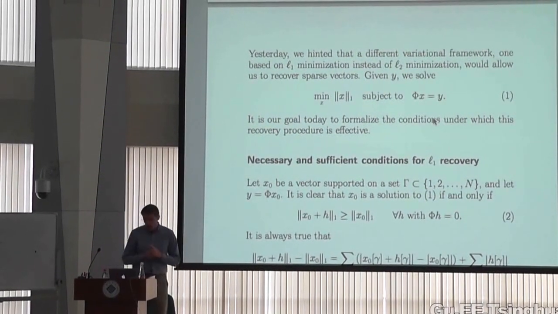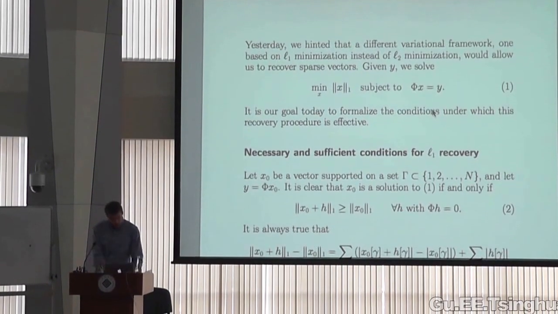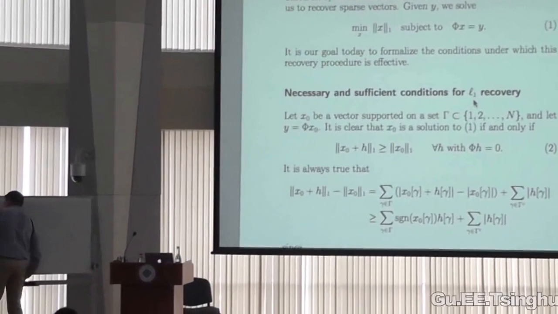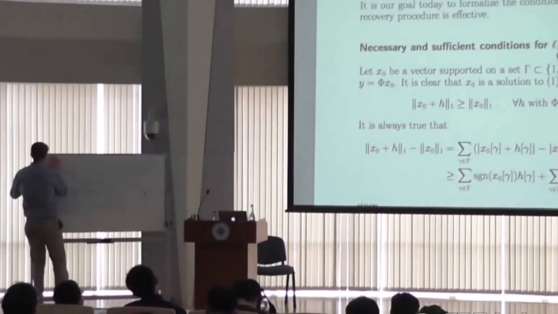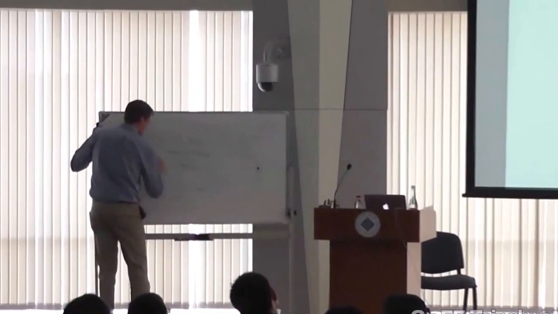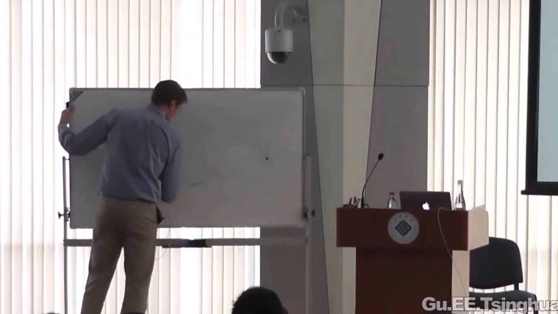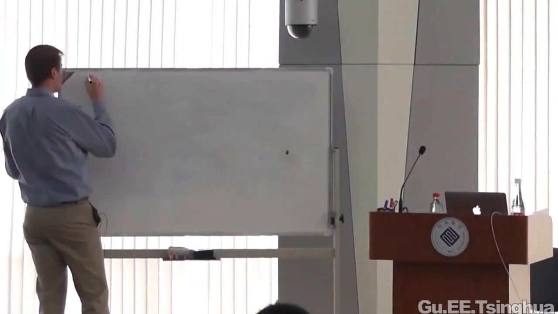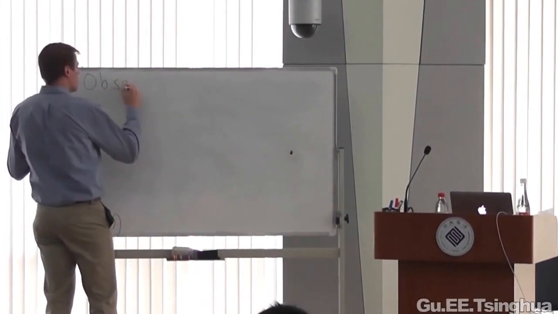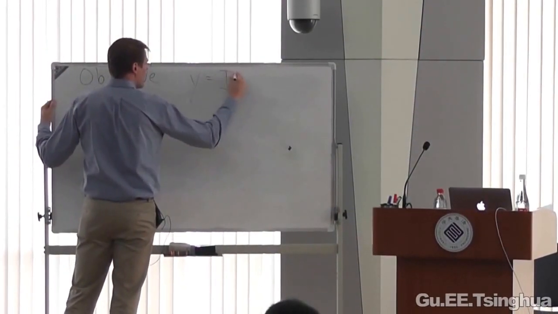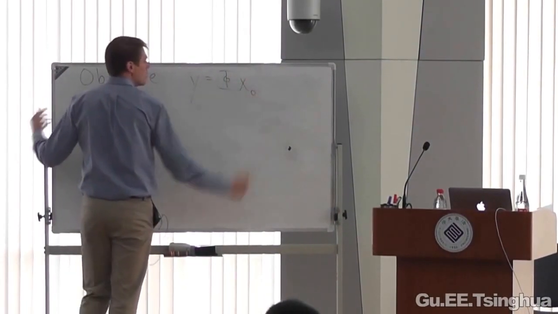So let me write down some of the key things here. Let's keep these up here so we can point to them as we go. I'll try to write big. So we observe y equals phi x naught.